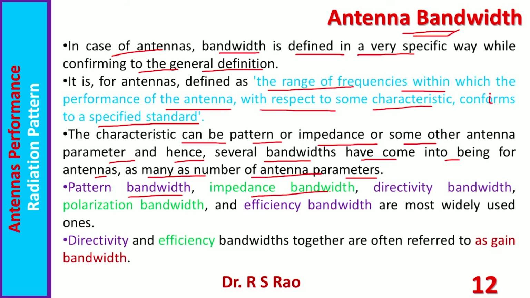Pattern bandwidth, impedance bandwidth, directivity bandwidth, polarization bandwidth, efficiency bandwidth. These are the most widely used bandwidths in antenna theory. Directivity and efficiency bandwidths together are often referred to as gain bandwidth.